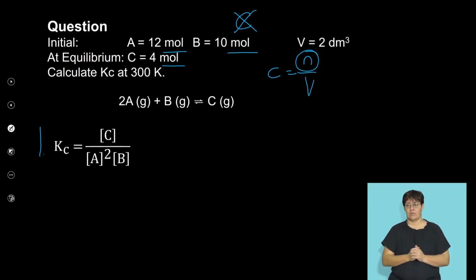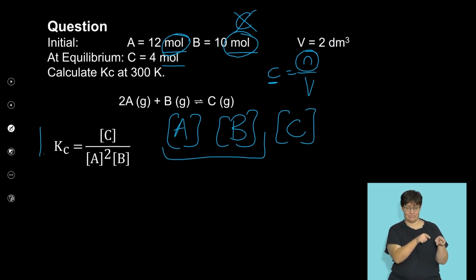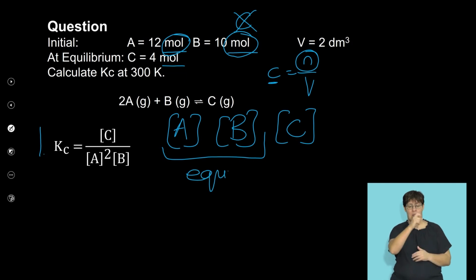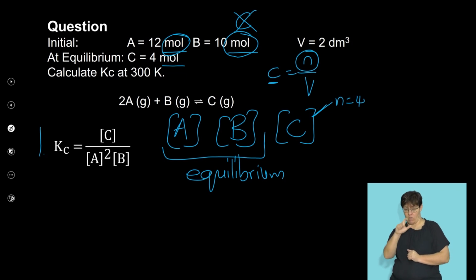Then, because we're working with mole, we will now first have to go work out the concentration of A, B, and C. But these concentrations, we need to go work out what is the concentration of this at equilibrium. Now, we were told that the number of moles here is 4 moles at equilibrium. Right.